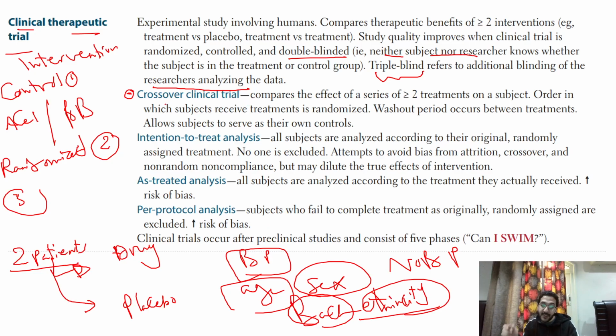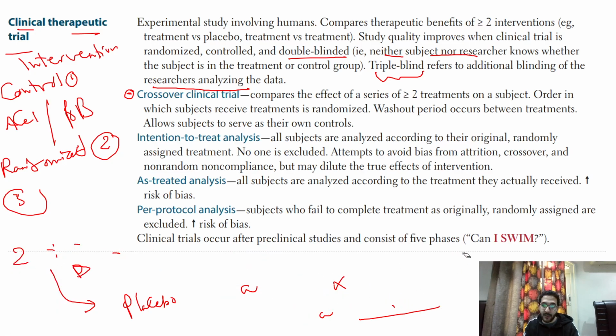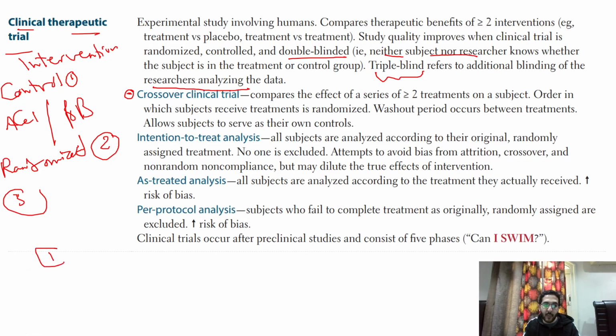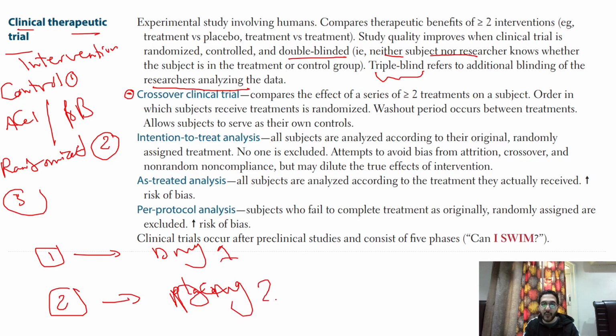There is another thing that you can do. Again, what we did before is use two groups of patients. One group will take drug one, and the other group will take the placebo or drug two.